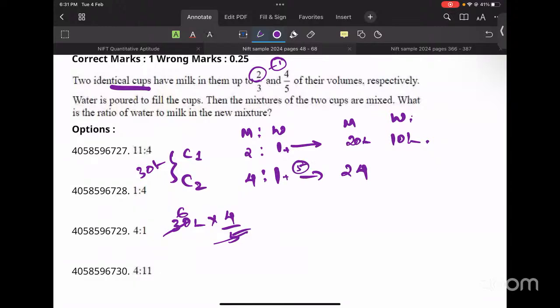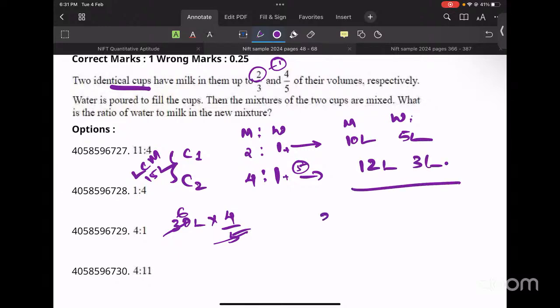So you can take 15 liters, that LCM 15 liters also. I think that will be easier. So this will be like 10 liters and this one will be 5 liters. So total 15 liters now. And over here, this is 12 liters and 3 liters.